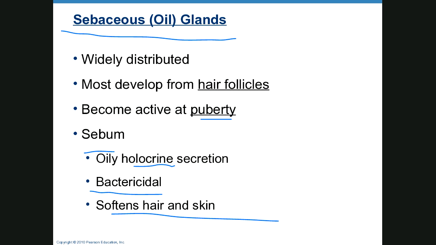Now, if you recall, a holocrine secretion means that the gland that produced that oil ruptures. I reminded you in an earlier chapter, merocrine glands excrete their stuff into ducts, but holocrine glands, the individual gland cell, gives its whole life, it ruptures.